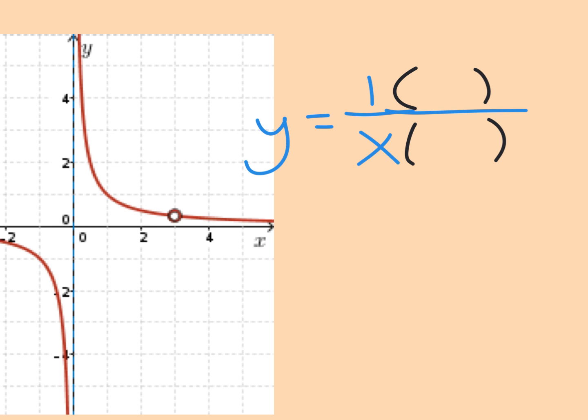Fanning, what do you think this is at right there? 3. So what do you think goes here? X minus 3. Yes, nice. There you go. That's the equation for that graph. You start without the hole, then you just put the hole in at the end.